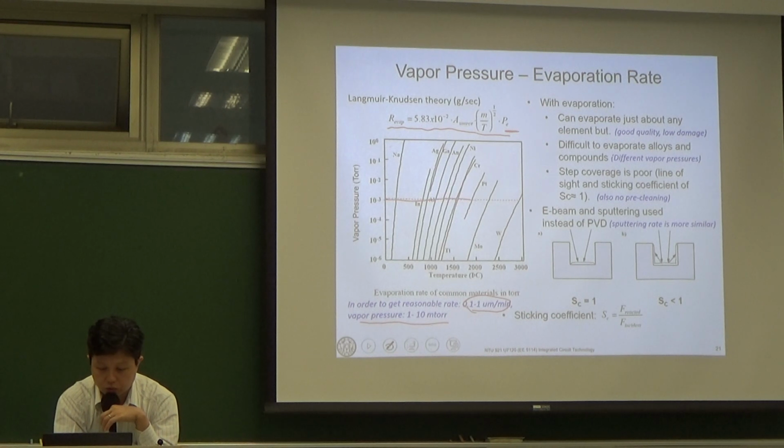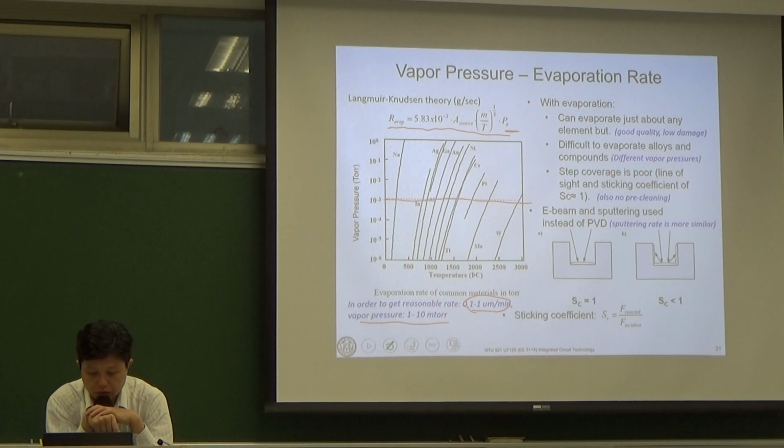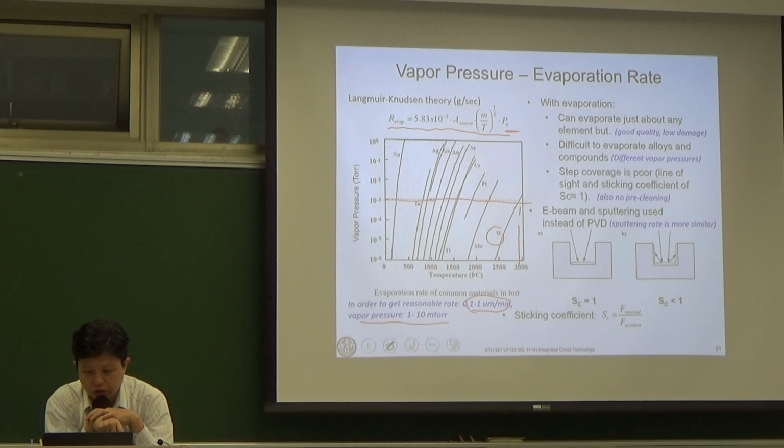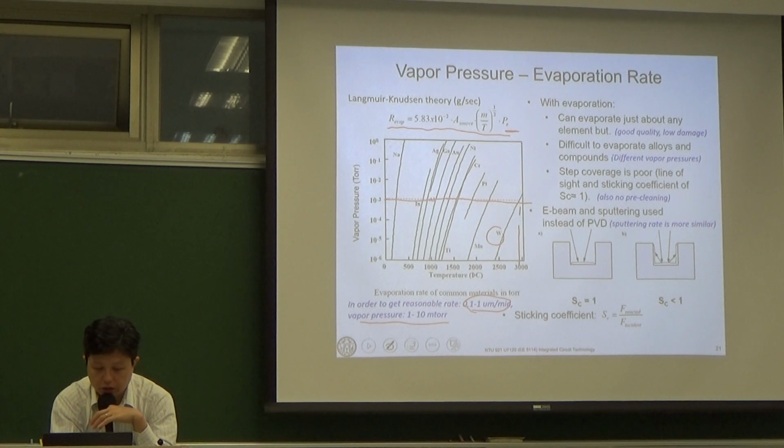This is the 1 millitorr line here. In order to reach 1 millitorr, like you see this tungsten, you have to increase to almost 3000 degrees C. And for other metals like indium or gold, aluminum, it's usually less than 1000.